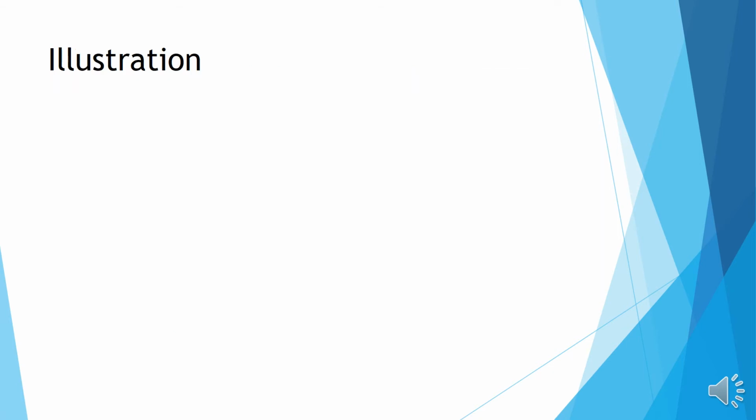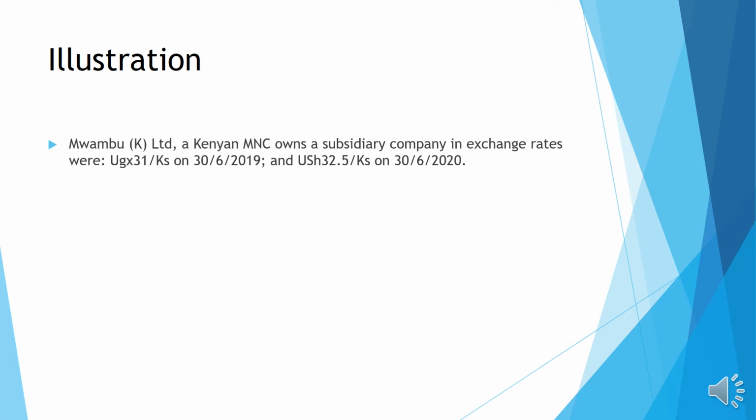I want to give an illustration. Mwambu K Limited is a Kenyan multinational corporation which owns a subsidiary in Uganda. The exchange rates were as follows. On 30th June 2019, 31 Uganda shillings per Kenya shilling.